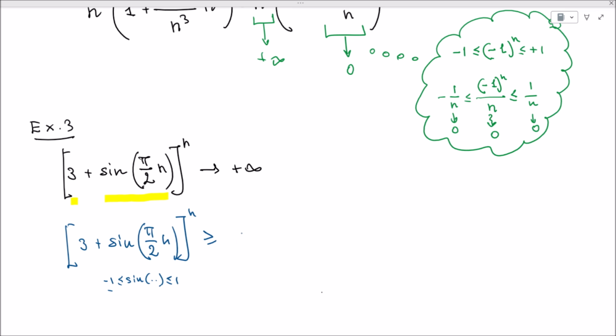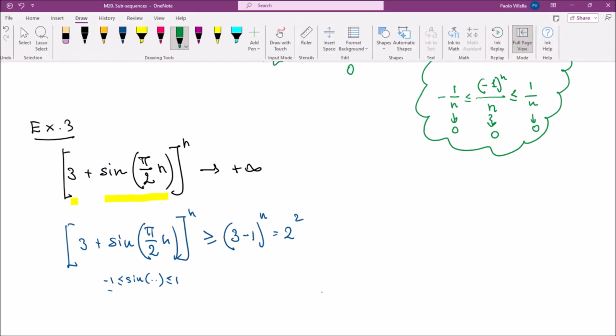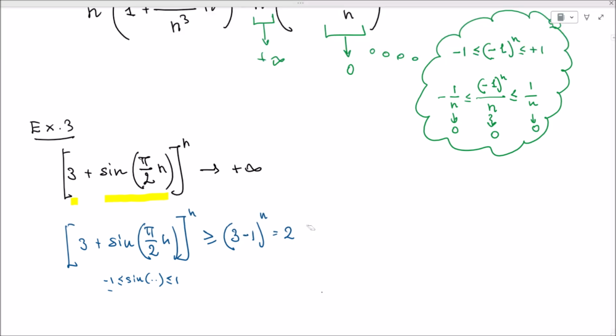So what we have is basically 3 minus 1 to the n, which is 2 to the n. But in fact, we know that this 2 to the n is an exponential. So this will go to plus infinity, and finally we can conclude by the squeeze theorem that also this goes to plus infinity.